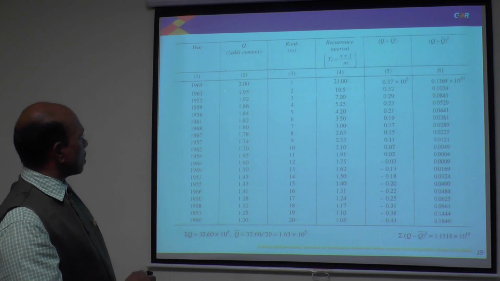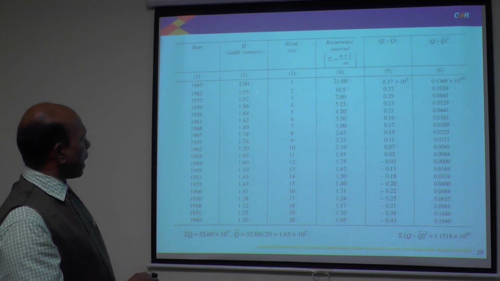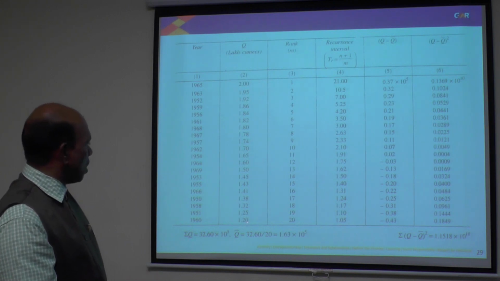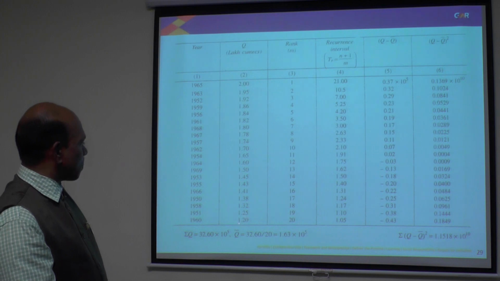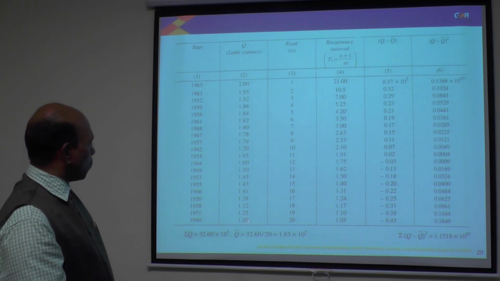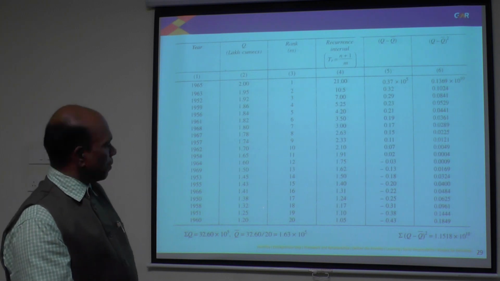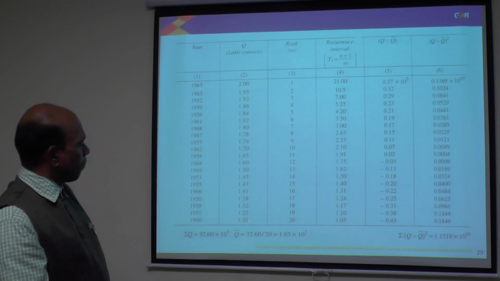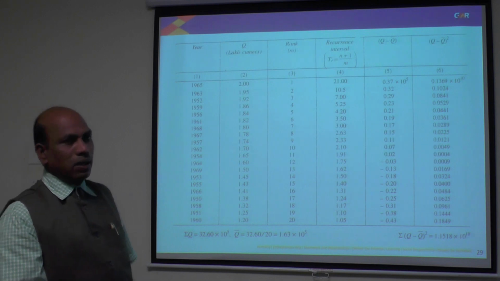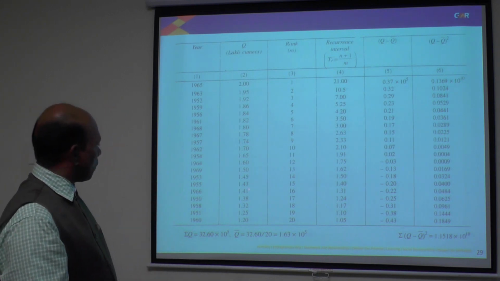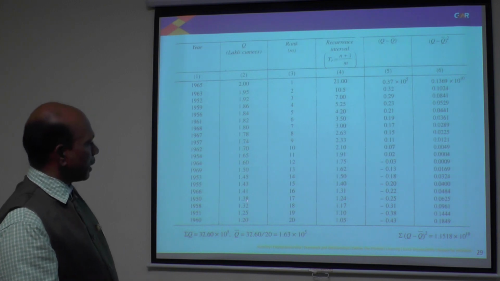The next discharge, 1963, 1.95, is the second rank, and the third rank is 1.92, like that. The lowest peak, equal to 1.2 into 10 power 5, is left outside because for the calculation purpose it is taken as only 1.2, and the 10 power 5 is added at the end of the problem. These are the values of discharges in decreasing order.